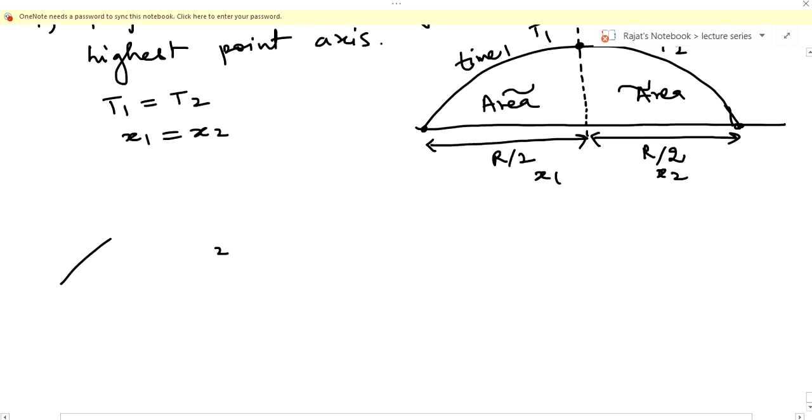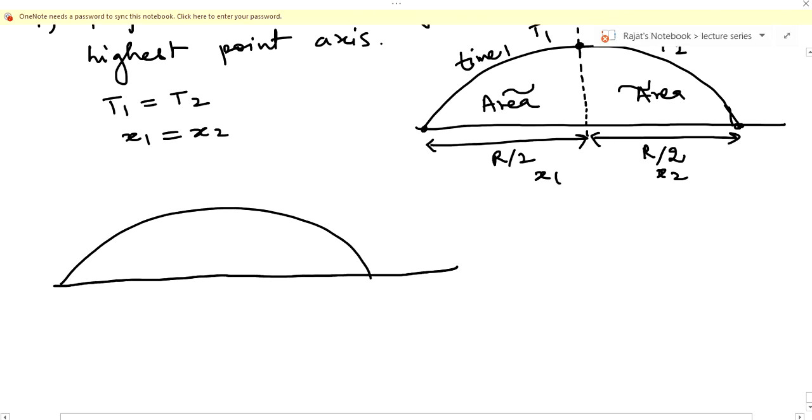Now I can make further comments as well. If I take this projectile, and suppose I take any general point at a distance of x from the starting point. Being symmetric also means that if I draw a horizontal line from this point, it will strike the trajectory at some point B. And being symmetric, it means that this length will be x.